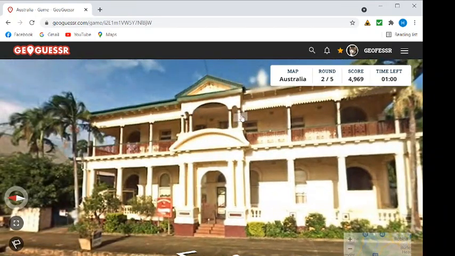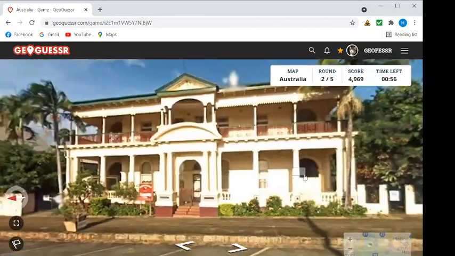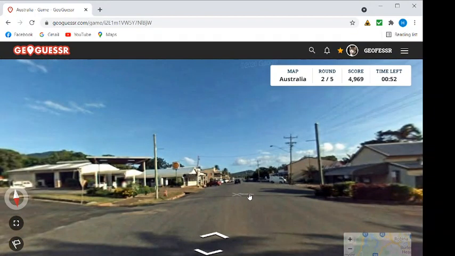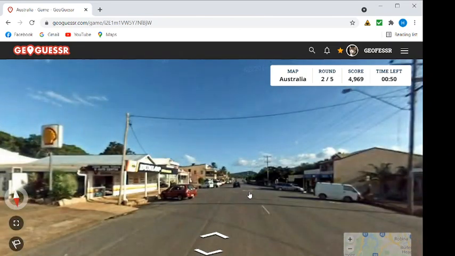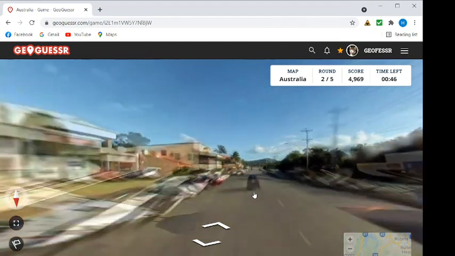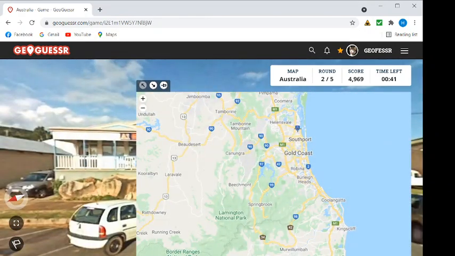Yeah, that is a very Australian building, and it's older, right? It looks probably early 20th century. We have rainforest real estate.